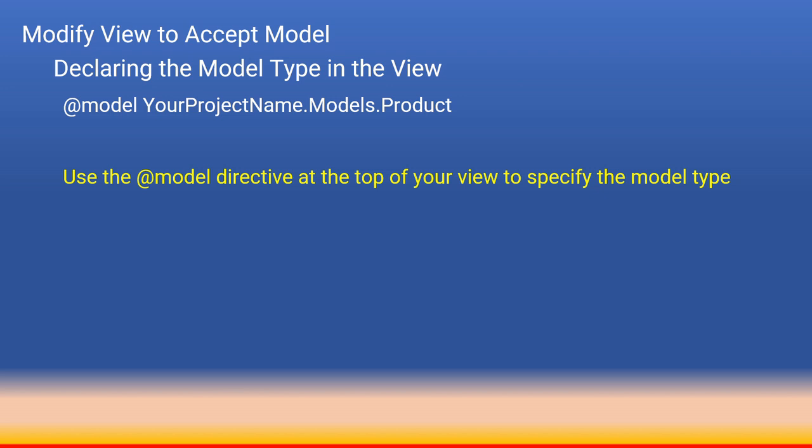Now that we are passing data from the controller to the view, we need to tell the view what type of data to expect. We do this using the @model directive at the top of the view file.